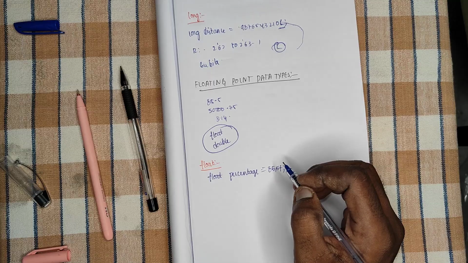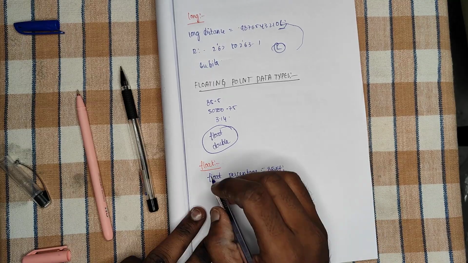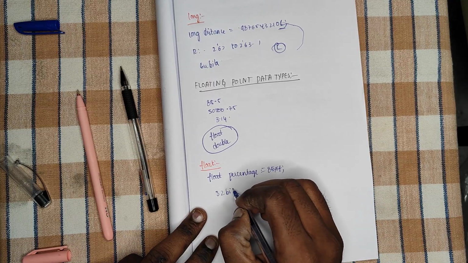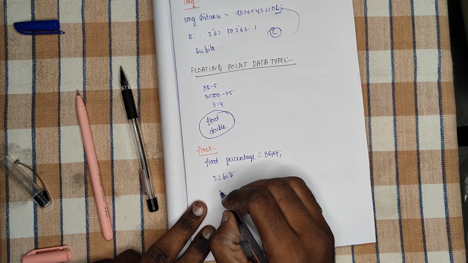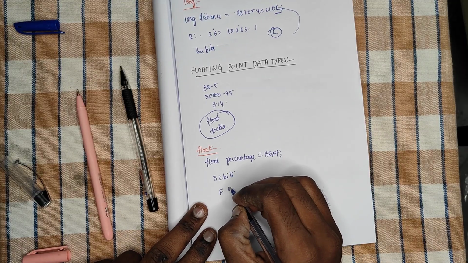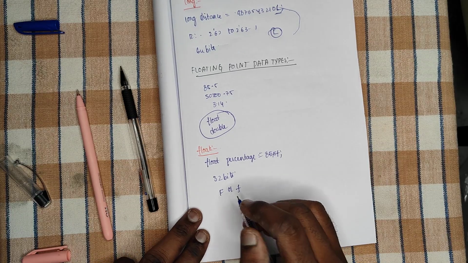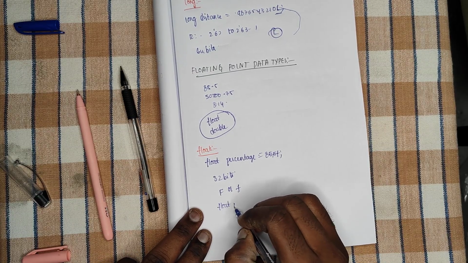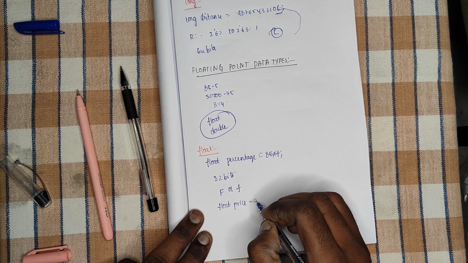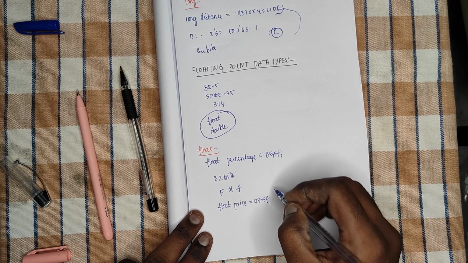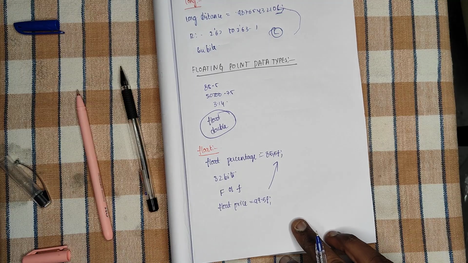Float stores decimal values with single precision. Memory 32 bits. Importantly, we generally use F after the number. Example: float price is equal to 99.5F, as I have told here also.